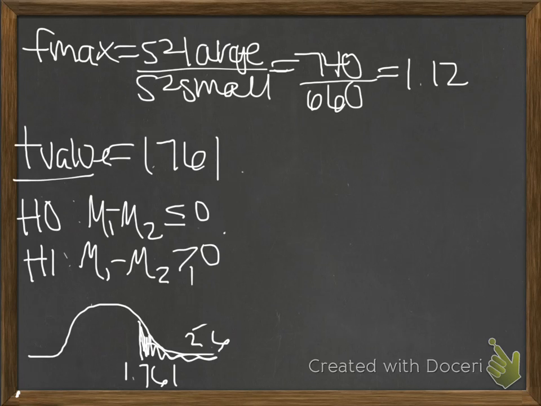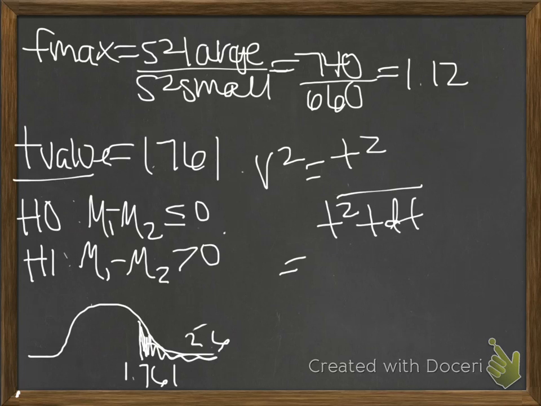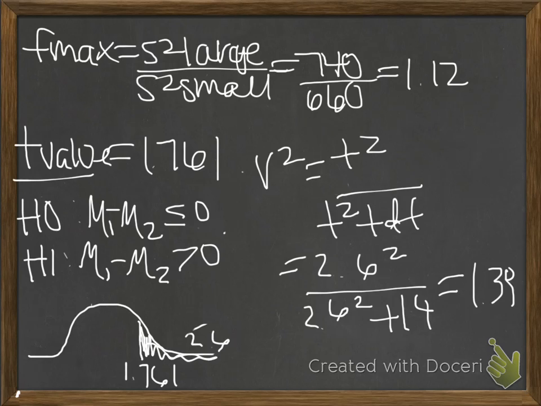I'm not sure if you do Cohen's d or the r squared, but if you were to, then r squared equals t squared over t squared plus df, which is 2.6 squared over 2.6 squared plus 14, which is our degrees of freedom, and that equals 0.326. Yeah, so there we are.